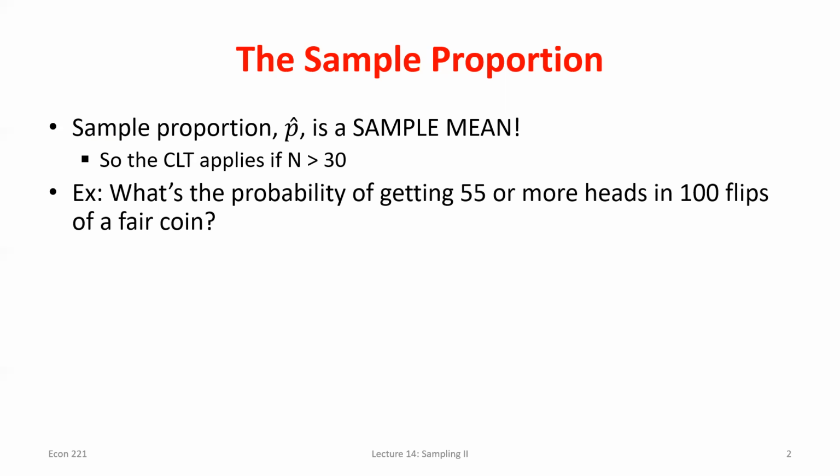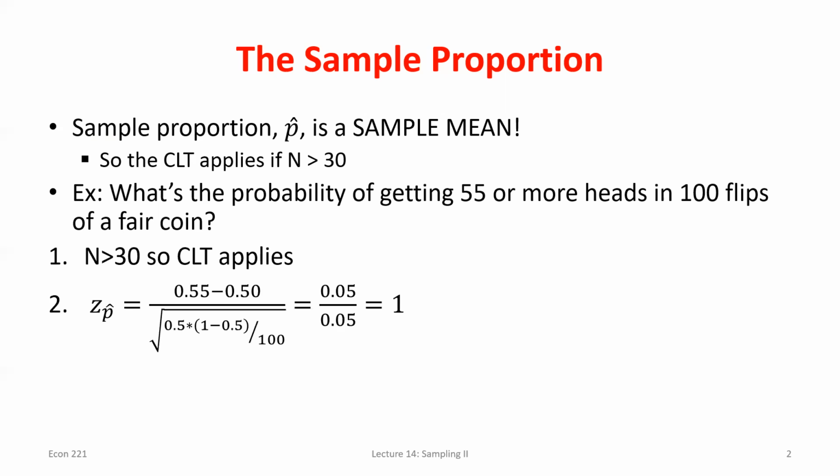And the standard deviation would be the square root of the variance, so P times 1 minus P divided by N. Once we plug in 0.55 for our sample proportion, 0.5 for the population proportion, and a sample size of 100, since we were flipping it 100 times, we'll come up with our z-score. I think it's 1. Yeah, I kept it real easy. We should get a z-score of 1.